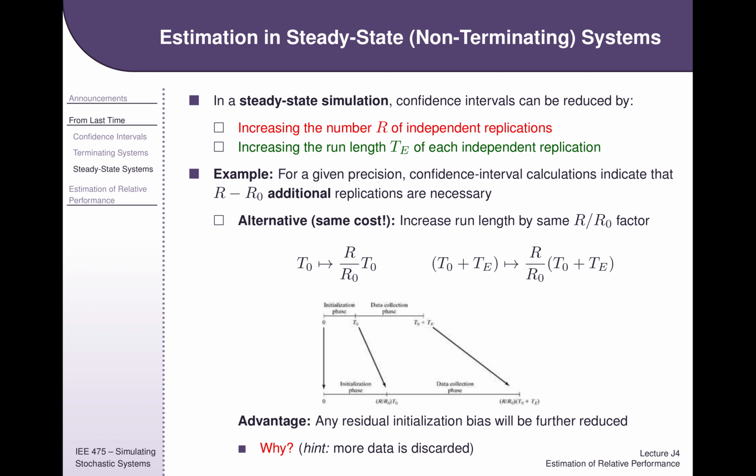So this is a really nice trick to reduce your confidence intervals by squishing the variance down, but also reducing bias. This is like the gold standard: to be able to run enough replications, then you can get into this mode where you can run each replication super long.